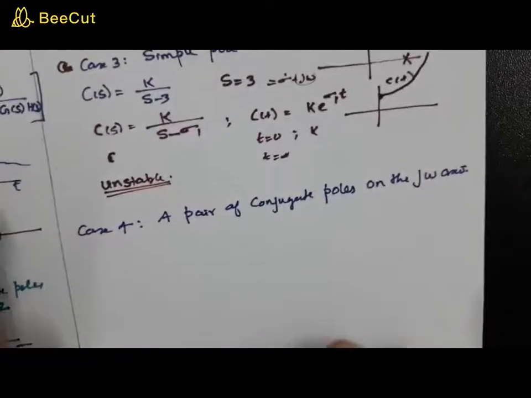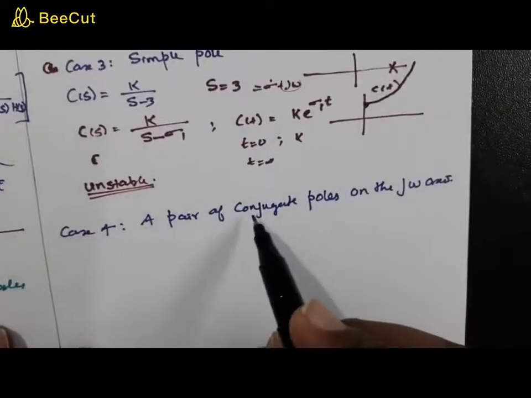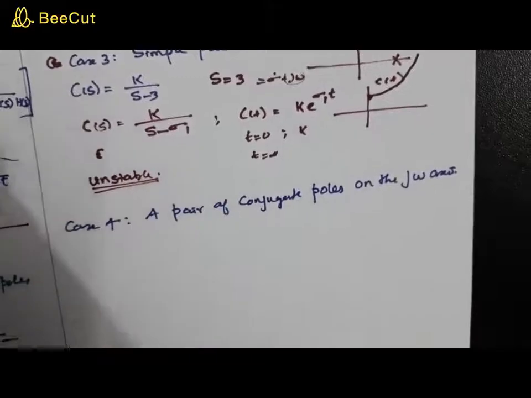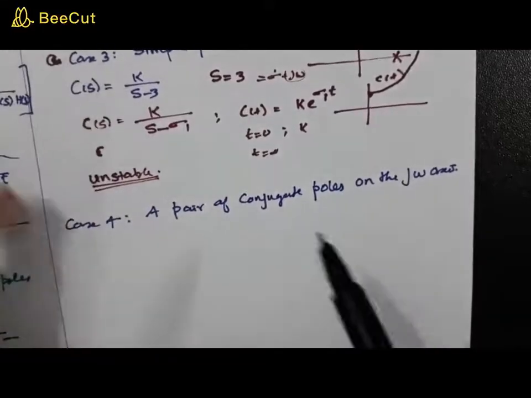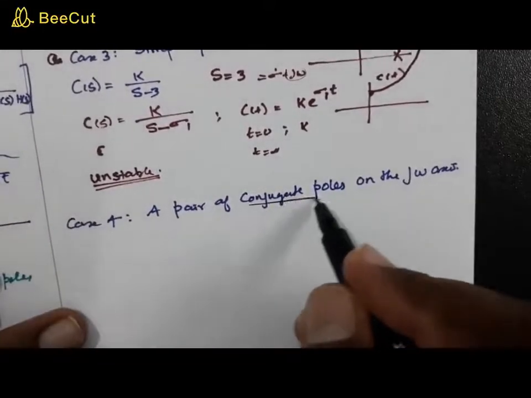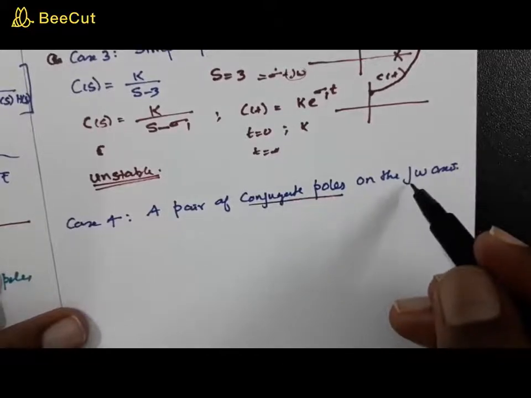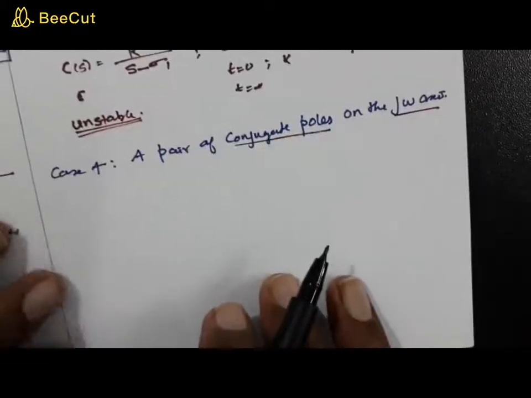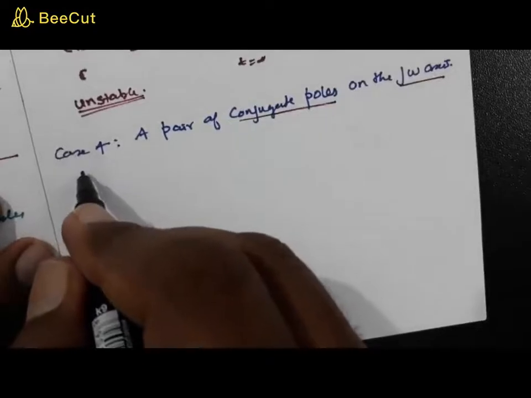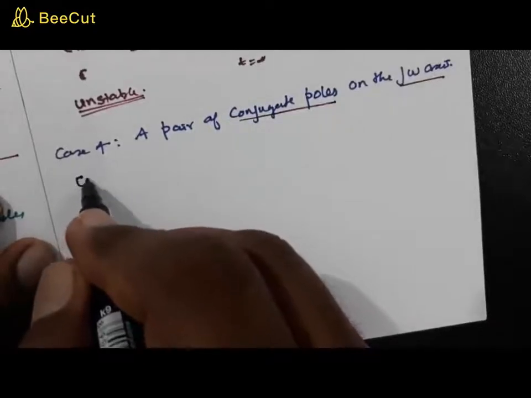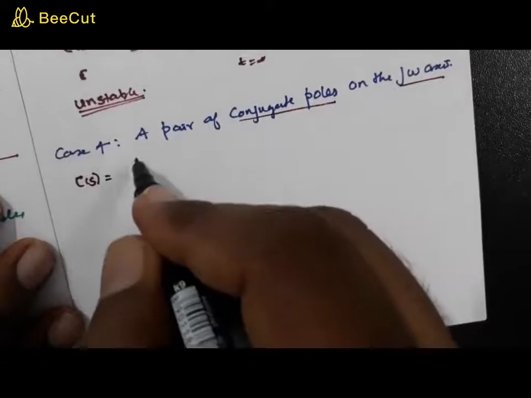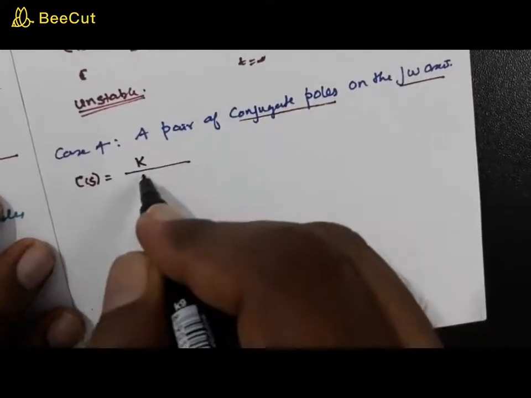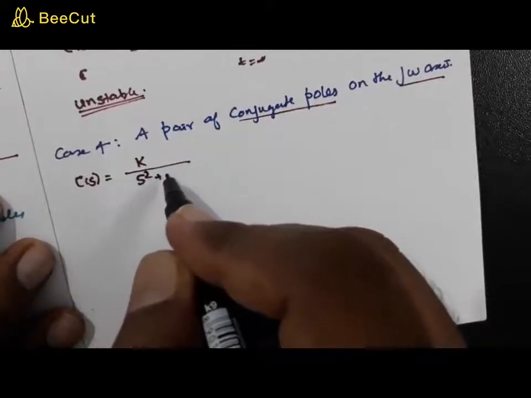And the next case is a pair of conjugate poles. Before going into that, you should know what is meant by conjugate poles and how they reside on the j omega axis. I will give you an example. Say you have a CFS like k by s square plus 2.